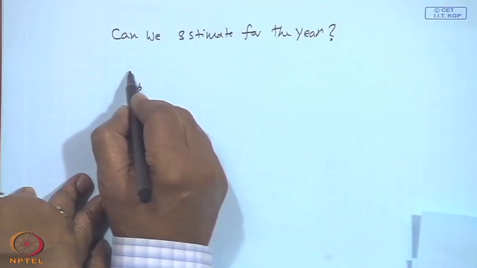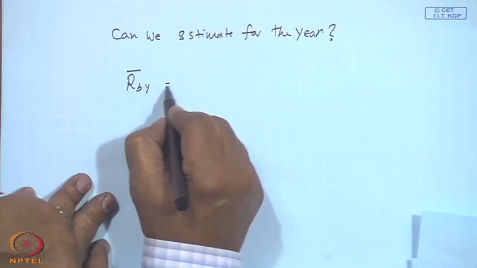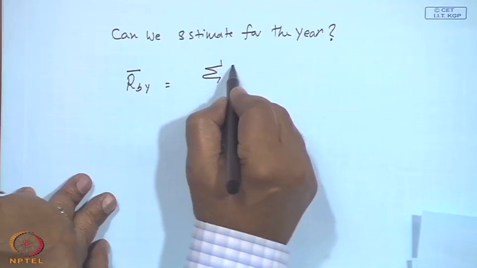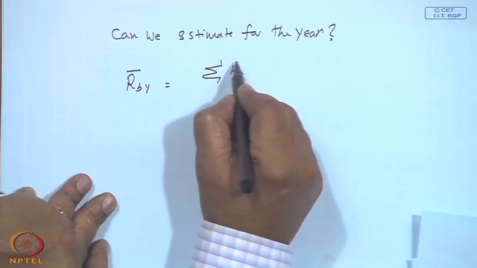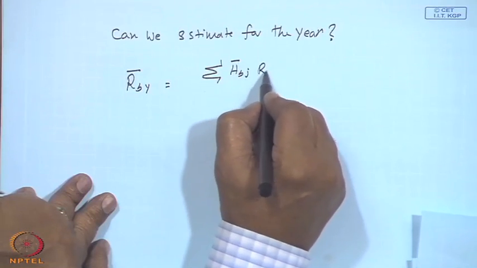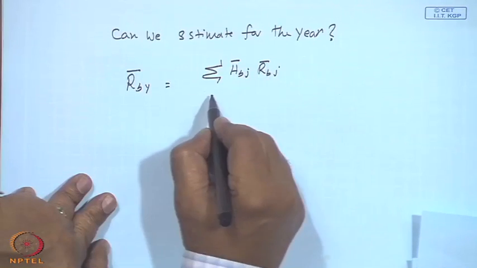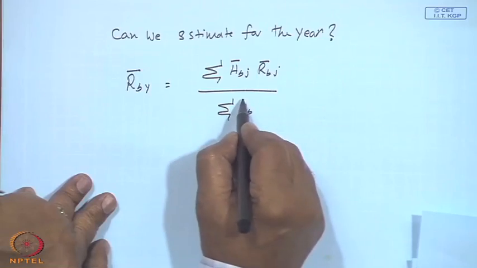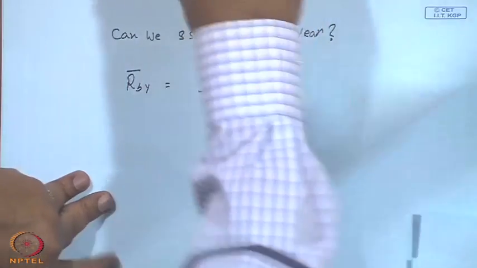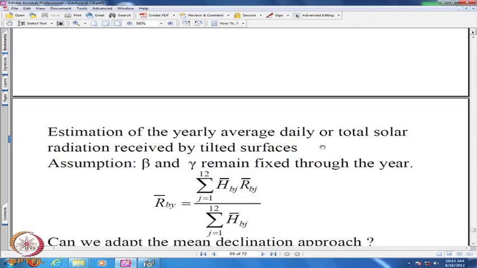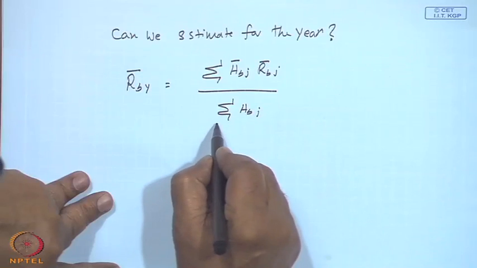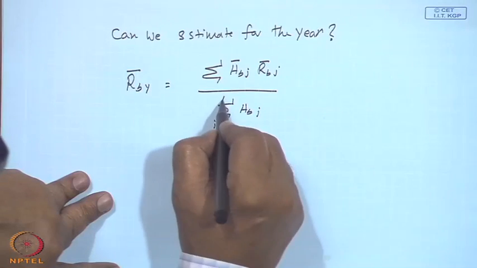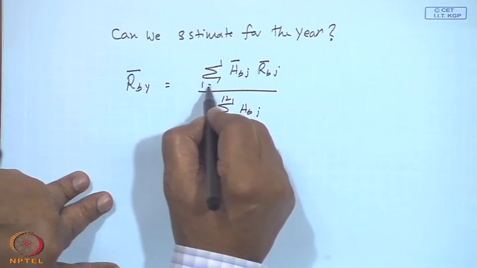So, my R_B bar_y for the year should be the sum of H_B bar_j R_B bar_j by H_B bar_j, where j is equal to 1 to 12 for the 12 months.